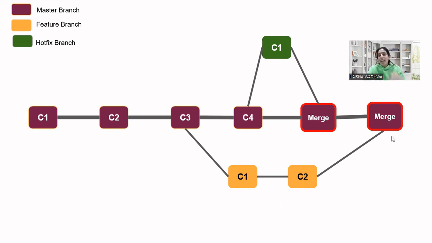Now, at this point, there are multiple places where you would see that branches would have to be in sync with each other. Now, let's look at this point called the commit 4. Commit 4 was the place where your master branch was used to create another hotfix branch, after which it was updated. And after this update was done, we finally merged our feature branch into the master branch.